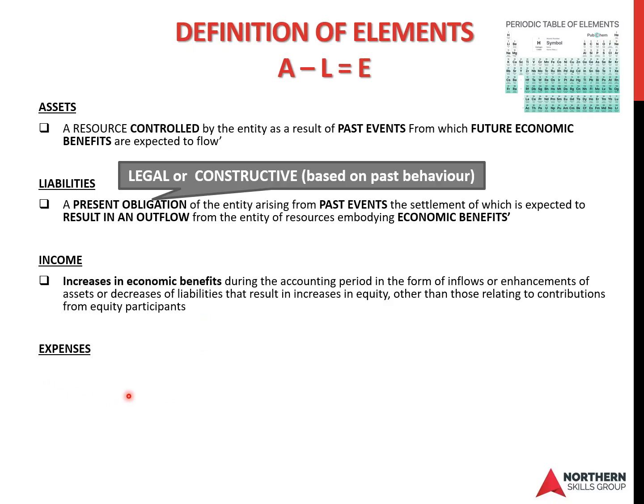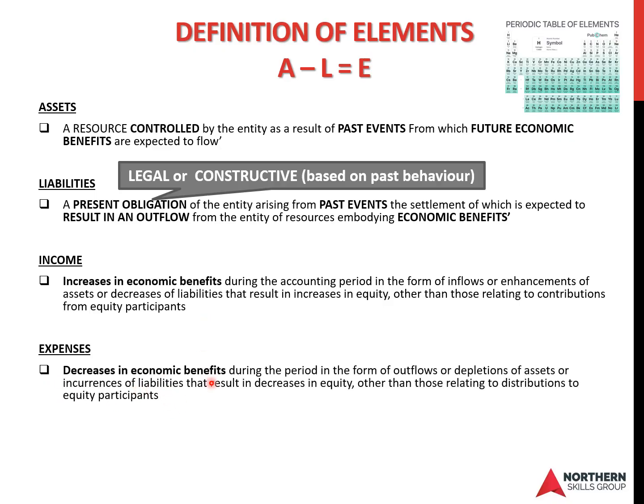And then expenses is basically the other way around. If assets go down or liabilities go up without any change in asset values, then equity must go down, and that's an item that will be treated as an expense.